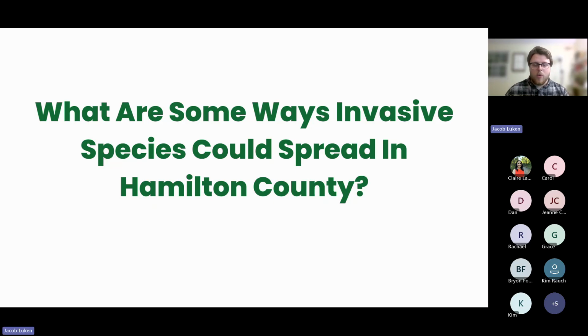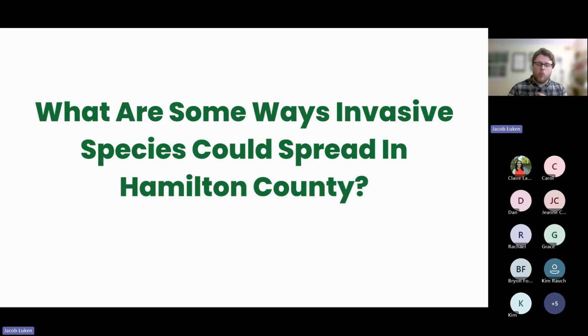Trains are a really, really big one. Trains and railroads and rail lines all can really help to spread invasives, because not only is the train moving from one location to another, and the invasive species can hitch a ride on the outside of the train, but sometimes we might be transporting things that could have invasive species inside the train itself.